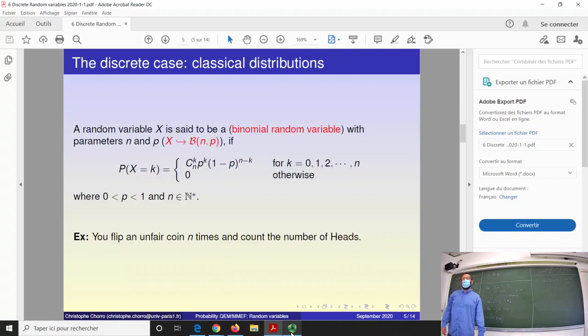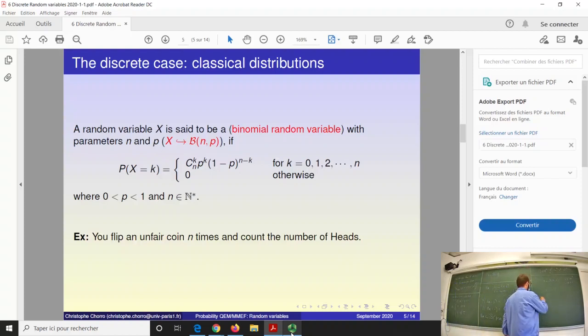My range is 0, 1, 2, 3 until n. So I take values between 0 and n, as it is written on the slide here. The set of my possible values is between 0 and n.